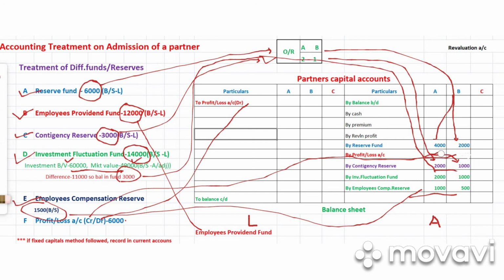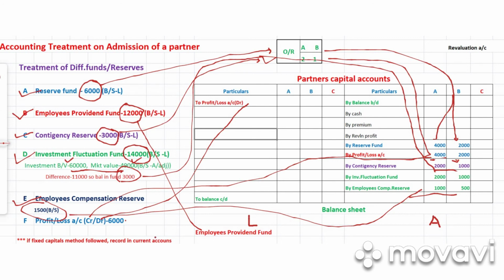So dear students, if the profit and loss account is a credit balance, it will come on the credit side. If it is a debit balance, it will come here. Both will not be there, only one item will most probably be there. If it is coming on the credit side, the debit side item will not be there. If it is a loss, then the credit side item will not be there, right?